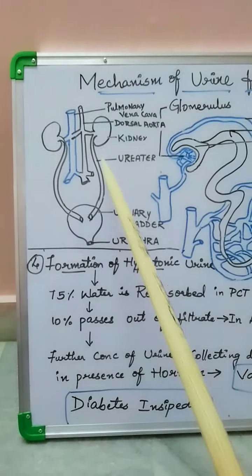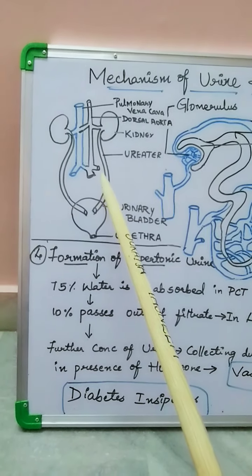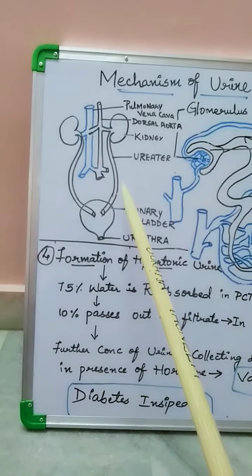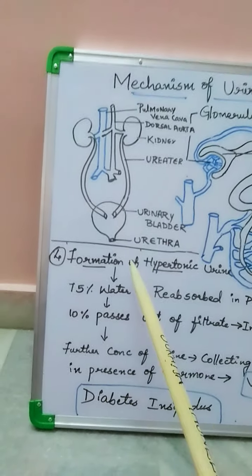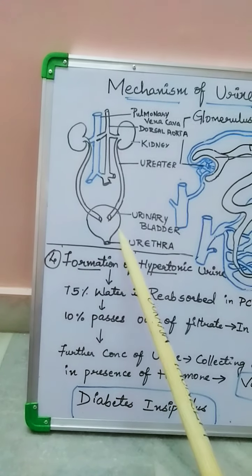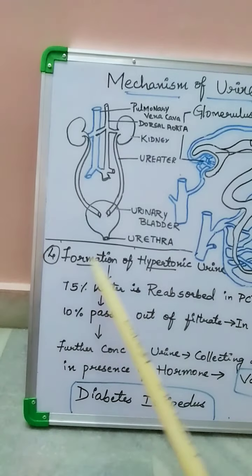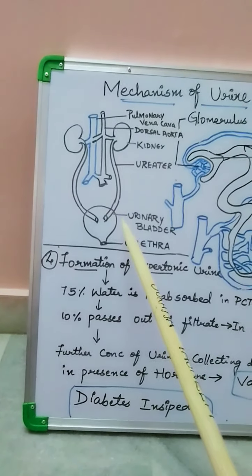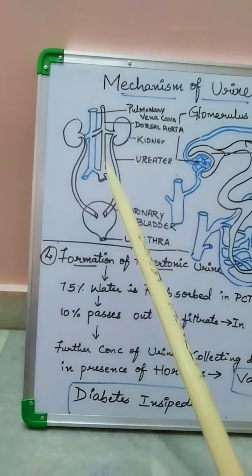The urine formed in the kidneys is collected by these whitish tubules, the ureters. It carries urine and ultimately opens into the urinary bladder with the help of peristaltic movements. This urinary bladder is a pear-shaped distensible sac-like structure which will store the urine.